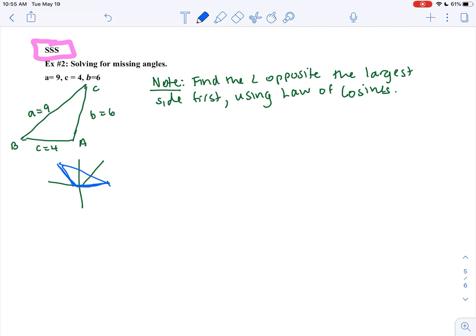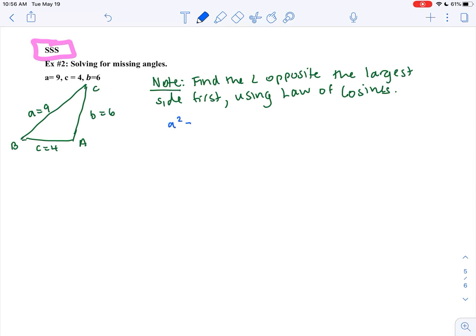However, inverse sine on a calculator is only going to provide acute values because of the restriction on the range of sine. So when we're doing law of cosines followed by law of sines, and we're given a side situation, we find the angle opposite the largest side in the event that the triangle ends up being obtuse. So in this problem, that angle measure is angle A.